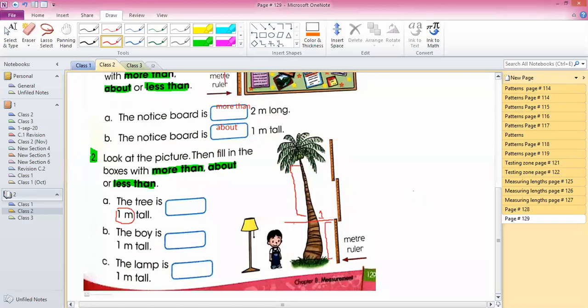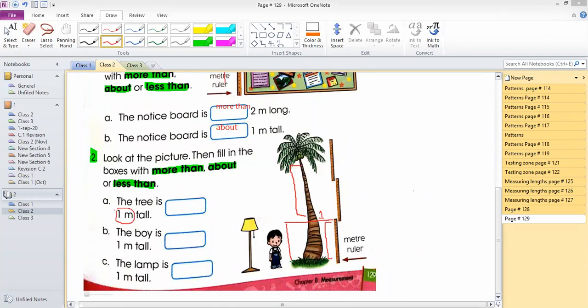This is 1 meter length. So you can see that the tree has more length. It is more than 1 meter. It cannot be less than or about. I know some students are checking it by 3 or saying about, but the question is to check whether the tree is 1 meter tall or not.